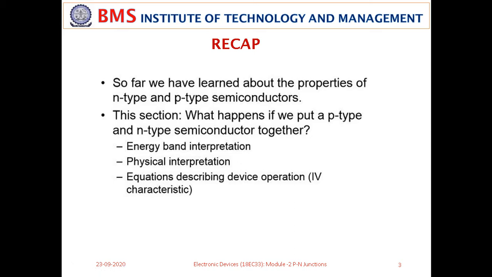We saw discrete energy levels and bands with reference to different materials. Then we interpreted the energy band diagrams, both the physical interpretation and the mathematical equations related to conductivity, resistivity, resistance, all those things. That's what we covered in the previous module.